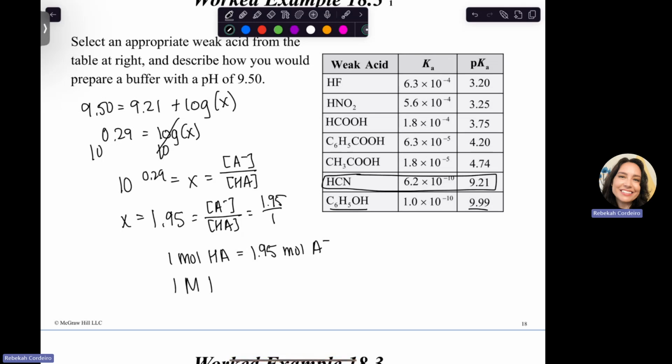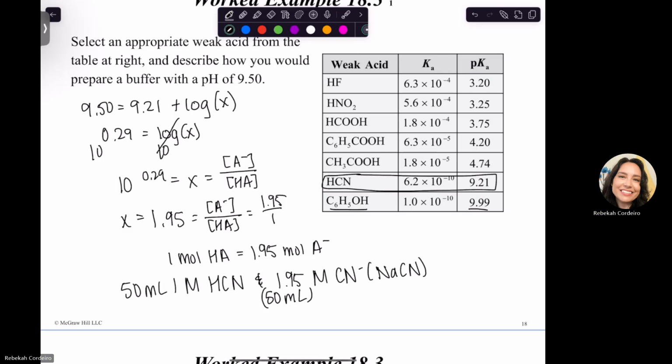We could take a 1 molar HCN solution and 1.95 molar CN minus, maybe like sodium cyanide, and that would make our buffer solution. So we could say like 50 mLs of that and 50 mLs of this, same amount to get the same moles. And there you go. Now we made a buffer, and the buffer will keep the pH around 9.5.